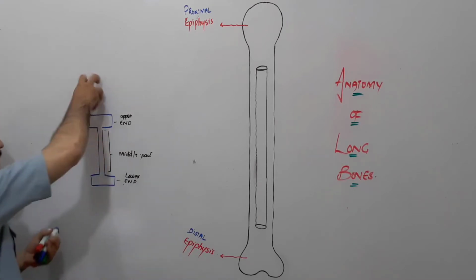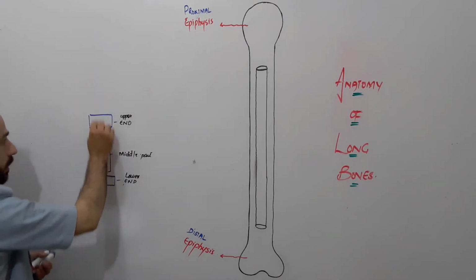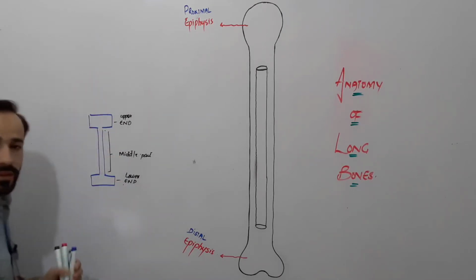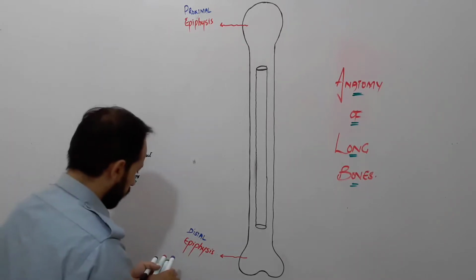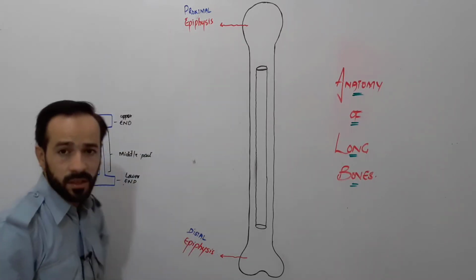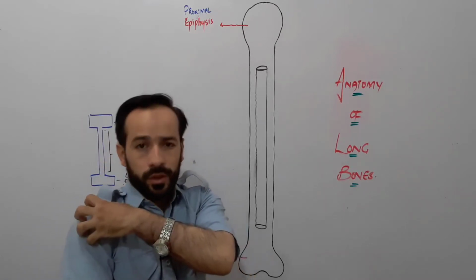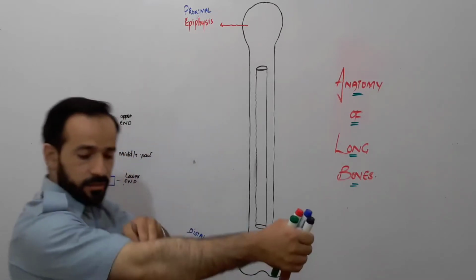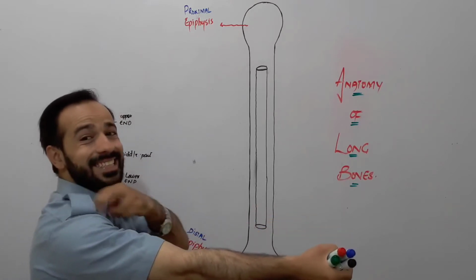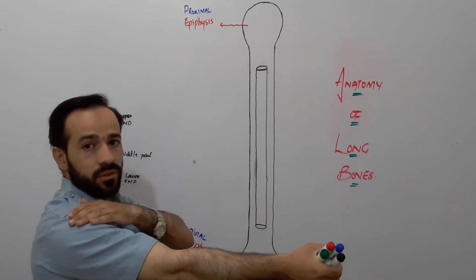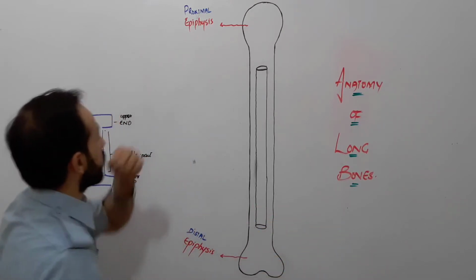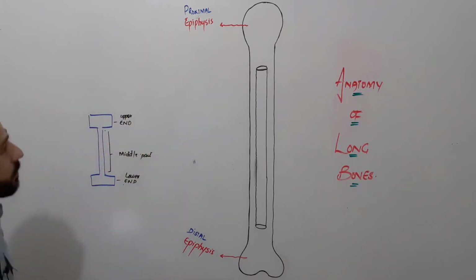So here will be the upper joint of this bone and here will be the lower joint of this bone. Proximal means which is near to the joint, right? And this part of the humerus bone is distal from this shoulder joint, right? So that's why we say this is the proximal epiphysis, this the distal epiphysis.